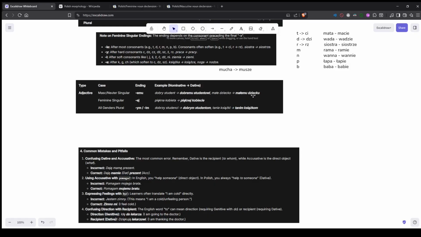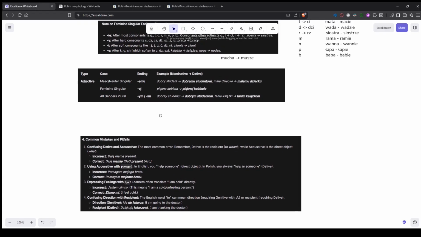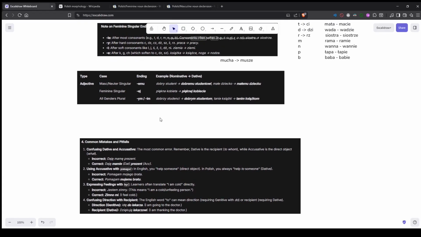So just sticking with the word good: dobremu, dobremu, dobrej. Okay? And for all genders in the plural, it's either ym or im, and it just depends on the adjective, I'm pretty sure. So if the adjective in its normal nominative form ends with y, such as dobry, which is just a nominative good, it's ym.